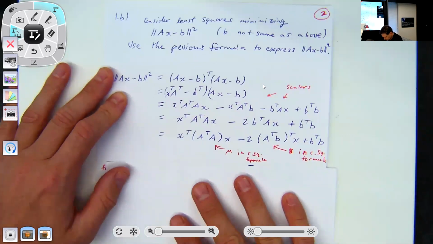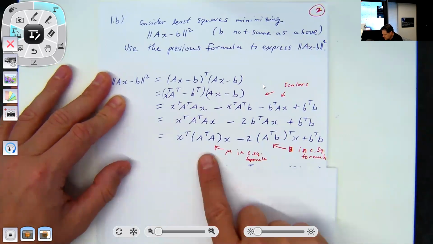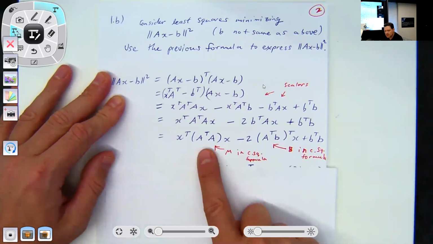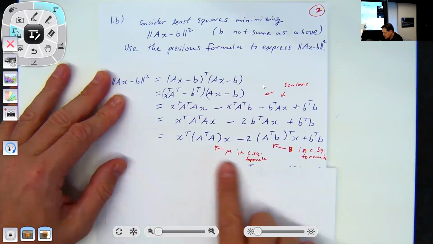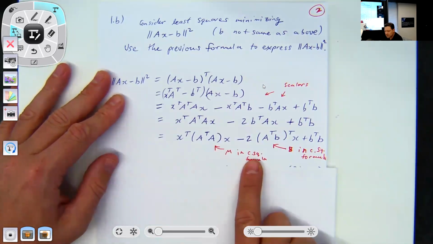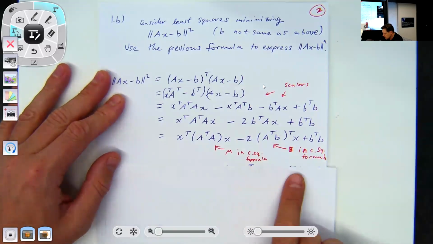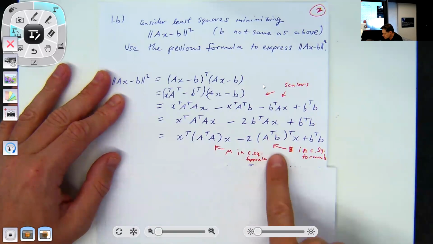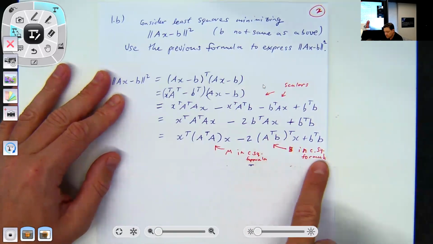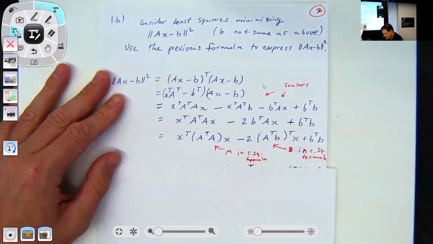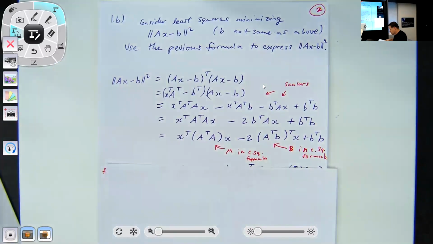So now this is going to act as our M in the last formula, the completing the square formula that we did on the previous page. And likewise, this A transpose B is the B of that same formula on the previous page. Okay, and so let's see, perhaps I should bring that up and remind us.